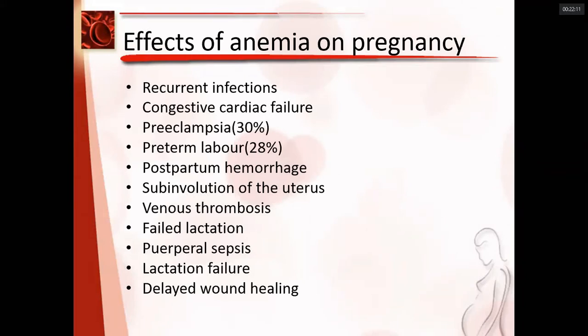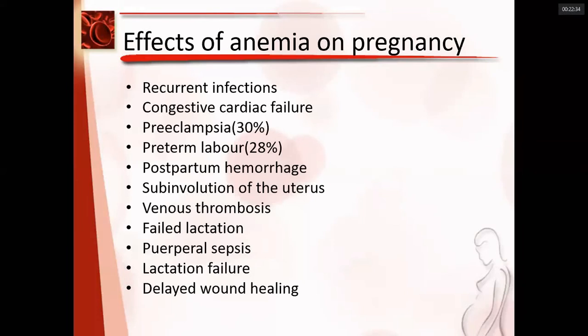They may succumb to congestive cardiac failure in the antepartum, intrapartum, as well as postpartum period. And around 30% of patients with anemia in pregnancy coexist with preeclampsia and preterm labor.